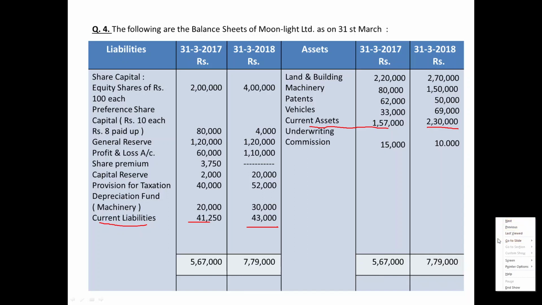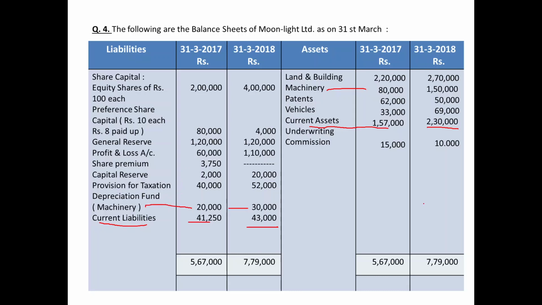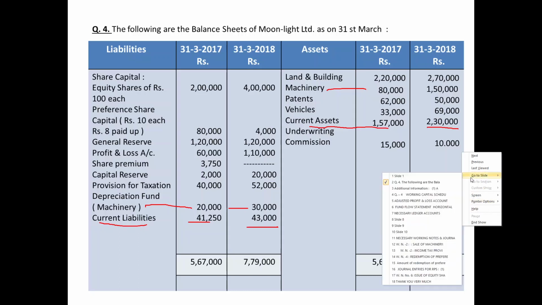Machinery has been given on the asset side, second item, and simultaneously on the liability side, second last item, depreciation fund on machinery. It means the company is following the depreciation fund system for this fixed asset, namely machinery. So a working note is required for this particular point. Let us prepare a working note for this transaction of machinery.